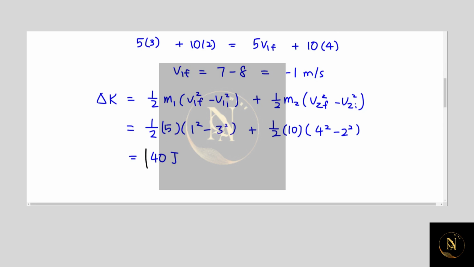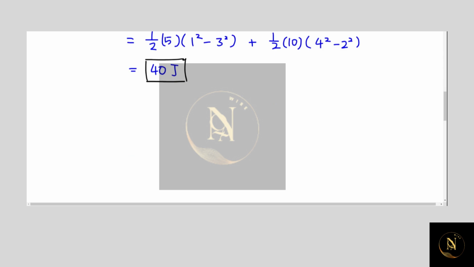So if the 10 kg block has a final speed of 4 meters per second, the change in kinetic energy is 40 joules. Then in part D, you want to account for this increase in kinetic energy.